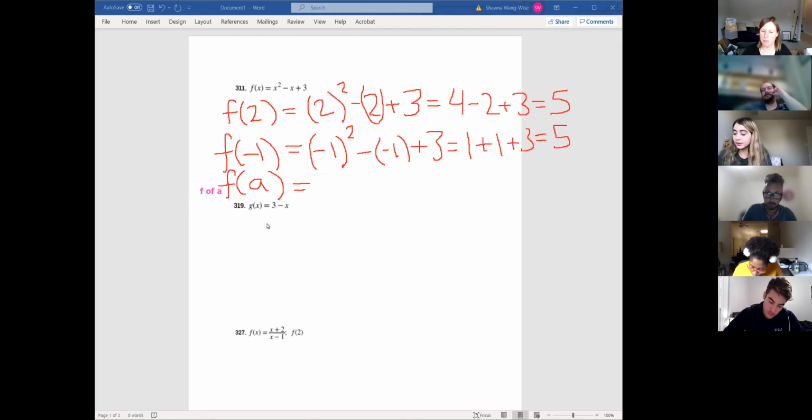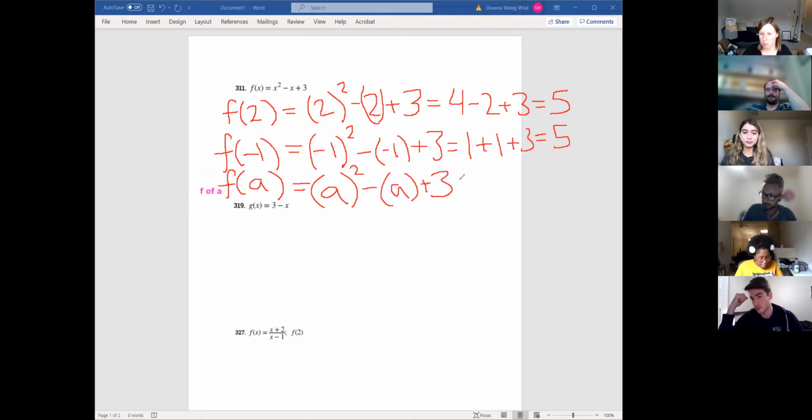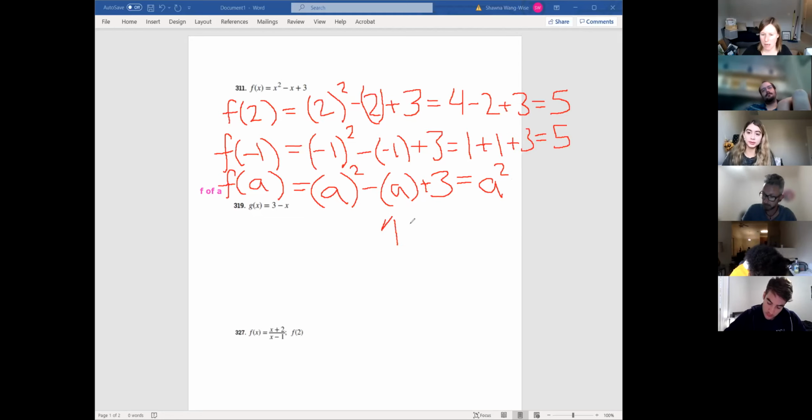Because I got f of a equals a squared minus a plus 3. Okay, so you plugged it in like this. I want to make sure you're plugging it in. And then you simplified the parentheses, right? Yeah. You got a squared. And then what was after that? Would it be plus 3? Oh, what about this a?